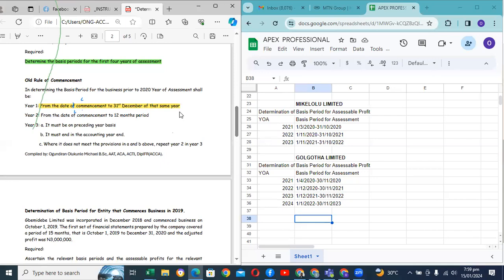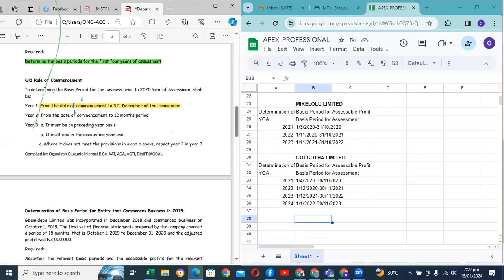Year 2, the basis period shall be from the date of commencement to a 12 months period. That is the rule we used in HST. Year 3 must be on preceding year basis. It must end in the accounting year end, right? But where it does not meet A and B above, you repeat year 2 in year 3.